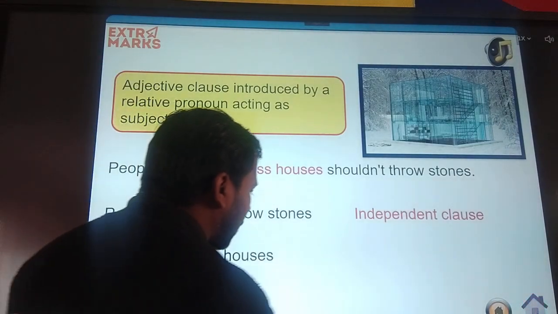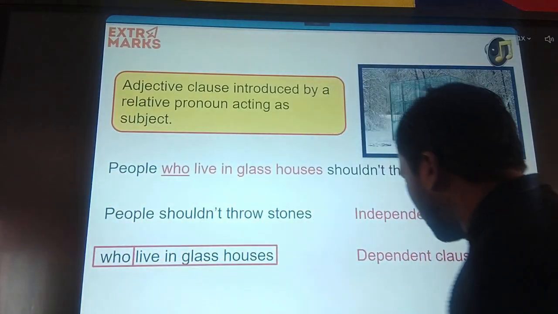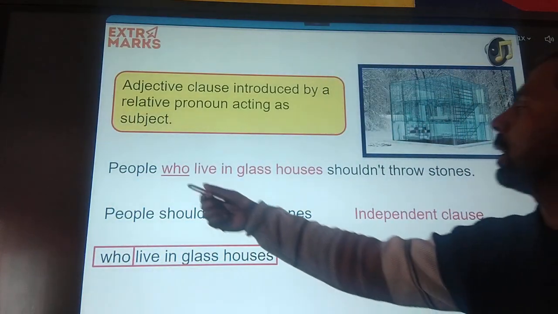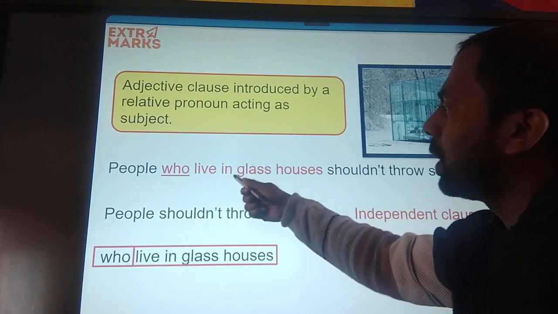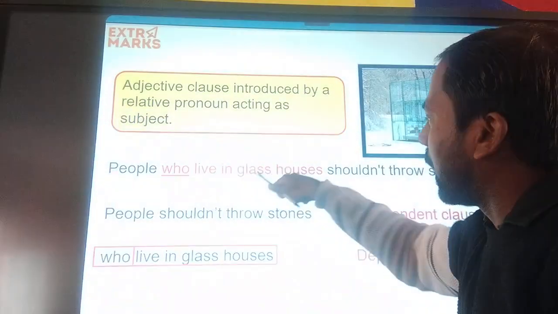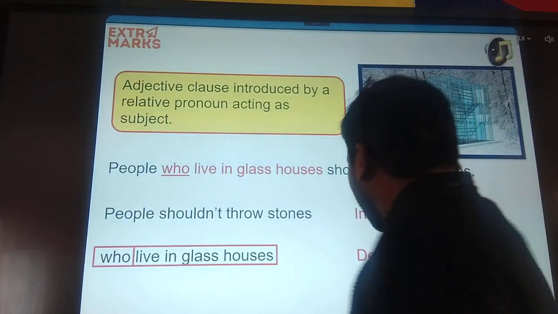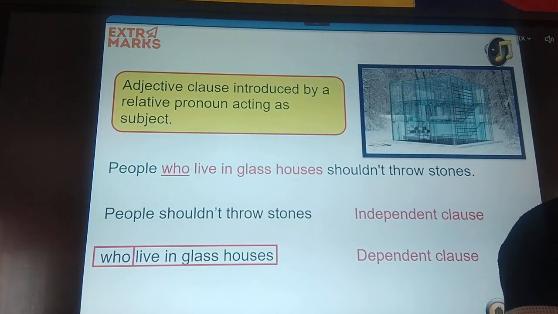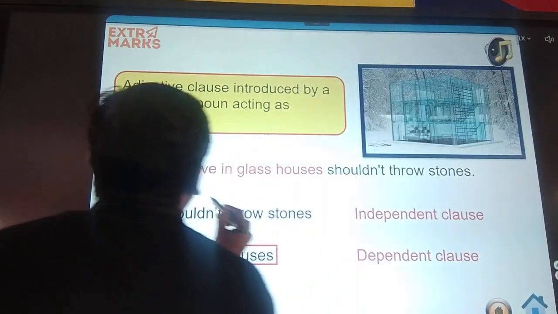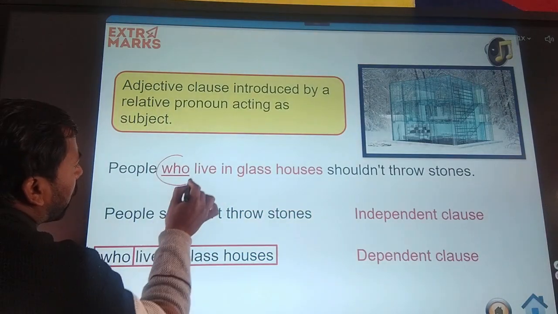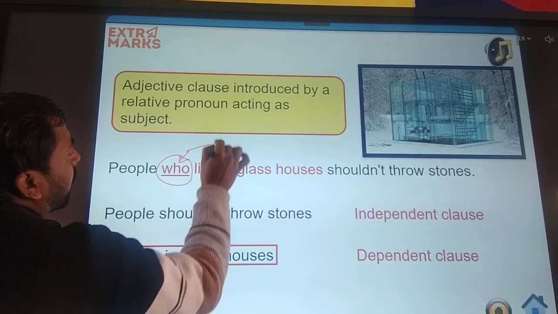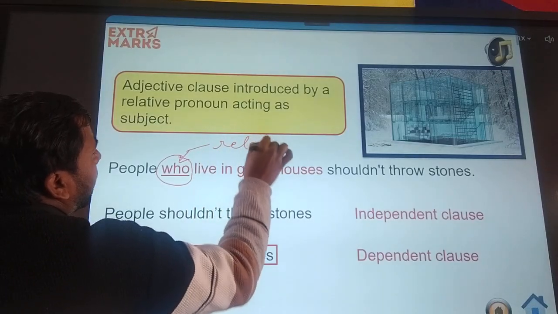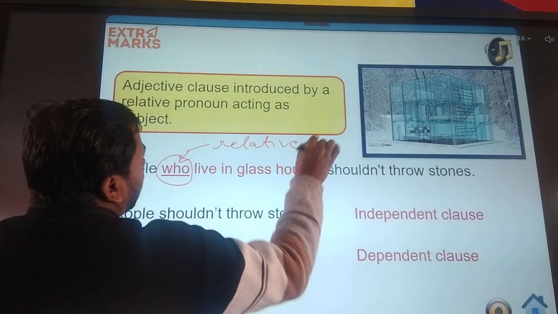You can see here "who live in a glass house" is the highlighted part, and it is added by the word who, and as you know, who is a relative pronoun.